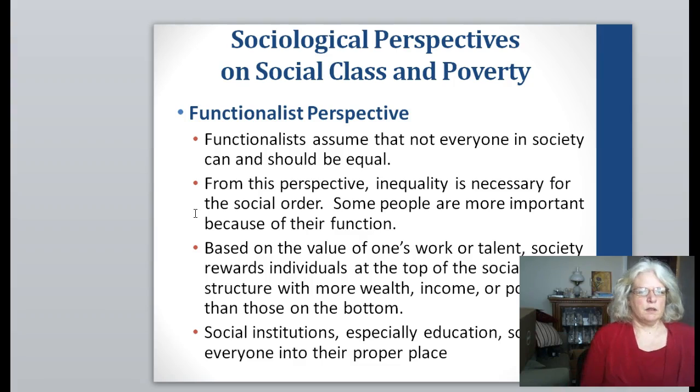The functionalists assume that not everyone in the society can or should be equal, that there should be a division and that there is a sense of power, and that those that are in power are rewarded for their behavior, that their value is placed on their talent and their work, and that social institutions, especially education, sort everyone into their proper place, that the society works in such a way that inequality is part of the process and part of the work of society.